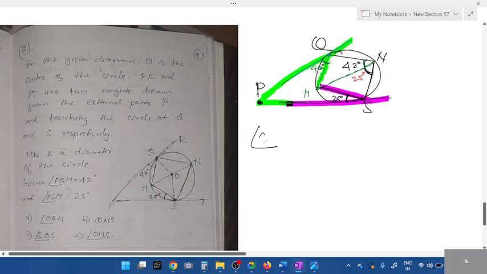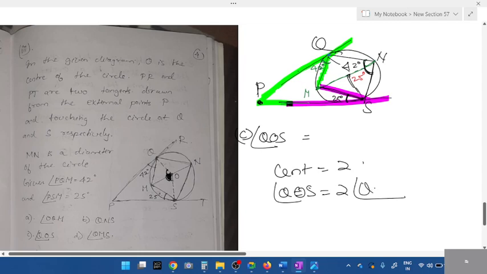Next, angle QOS. Where is angle QOS? Center or circumference? All of you respond. It's in the center. So what's the concept? Center is equal to twice circumference. So angle QOS is equal to twice QNS.